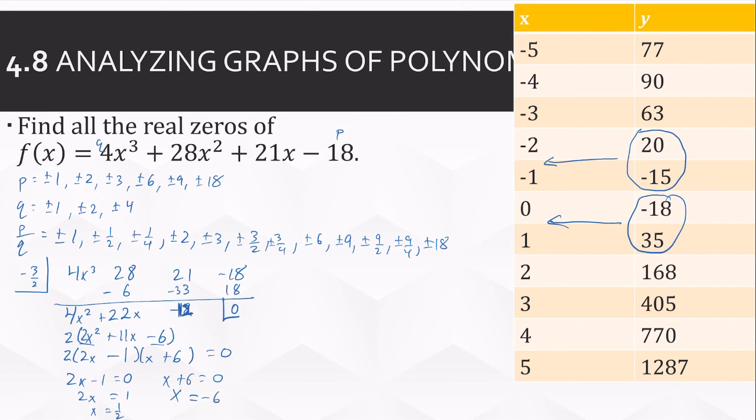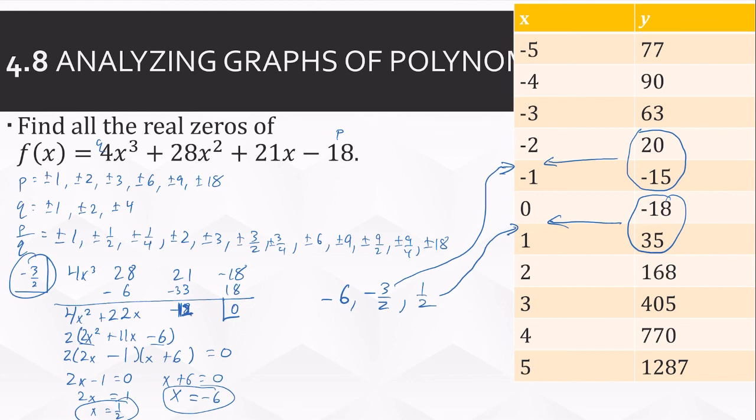And what's not on my table is another 0 was at negative 6. So all our zeros are negative 6, negative 3 halves, and 1 half. Again, notice that one is right there between negative 1 and negative 2. That one's right there between 0 and 1.